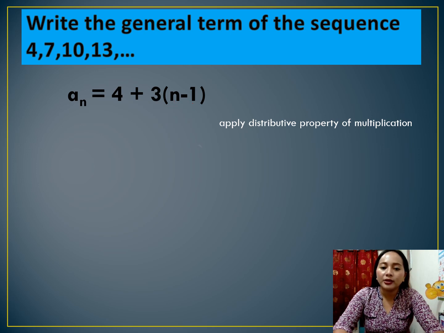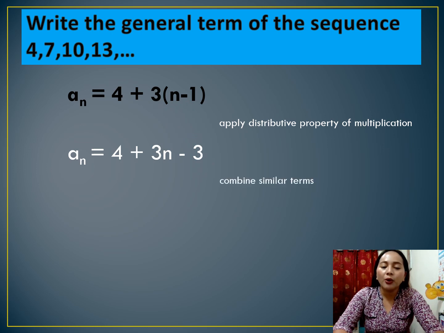And that leads to the answer a sub n is equal to 4 plus 3n minus 3. 3n because the product of 3 and n is 3n. And negative 3 because the product of 3 and negative 1 is negative 3.